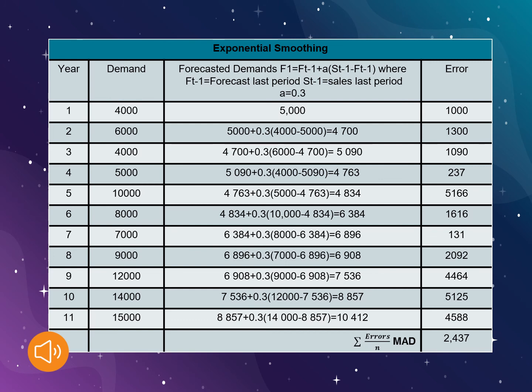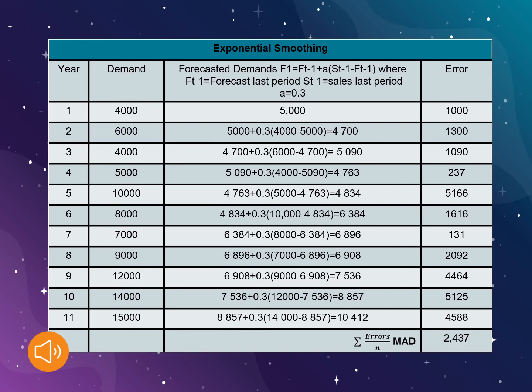For Ft minus 1, the forecast for the last period, since the forecast was already given for year 1, it was 5,000, so we replace that with 5,000, plus A, the smoothing constant of 0.3, multiplied by St minus 1, the sales of the last period, which is the actual demand of 4,000, minus Ft minus 1, again our 5,000, which gives us a forecast of 4,700.